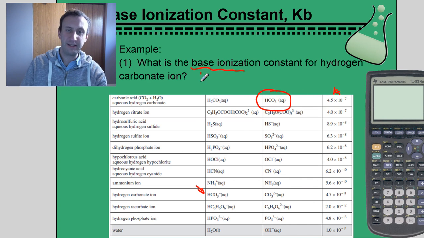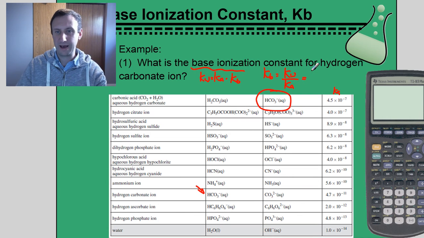So if I want to find Kb, it's as simple as this. Kw is equal to Ka times Kb. So Kb is equal to Kw divided by Ka. So I'm going to have 1.0 times 10 to the negative 14 divided by 4.5 times 10 to the negative 7.